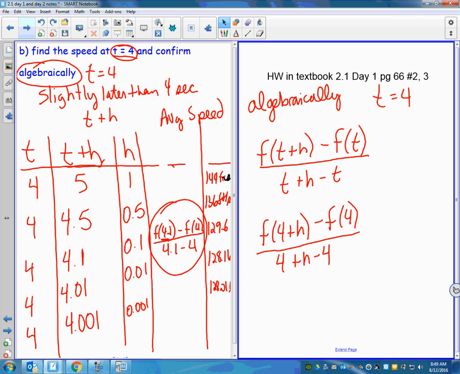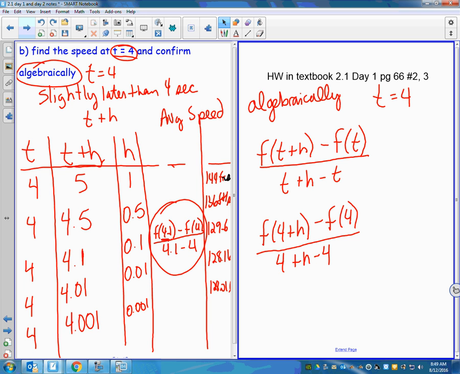But what we want to happen is, when we pick those 2 points, 4 seconds and 5 seconds, they're this far apart, and we average the speed. But when we picked 4 and 4.1, they're a lot closer together, and then 4.01 and 4.001. The closer that h gets to 0, the closer they almost become the same point. And that's what we're trying to do, that instantaneous speed.